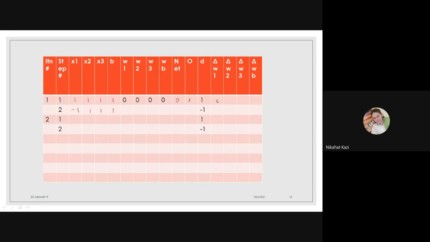Okay. Weight update will be 0. Okay. In the next case, net will be 0 again, because see, there was a match, right? And what is the weight update equation here?